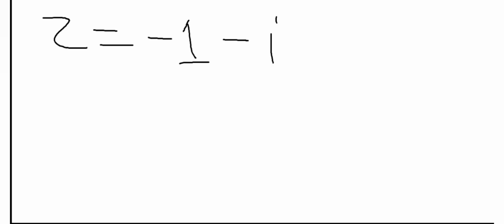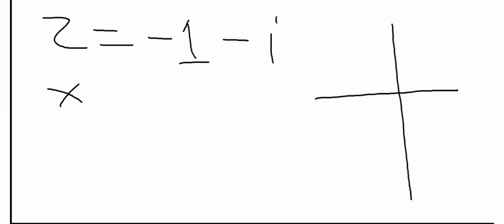We have also been given another example, which is z equals -1 minus i. Now in this example, we are asked to find the modulus or the absolute value and the argument. What should we do in the first place? First of all, we need to come up with a rough sketch of what they are talking about. In this case, we know that x is equal to -1 and y is equal to -1.